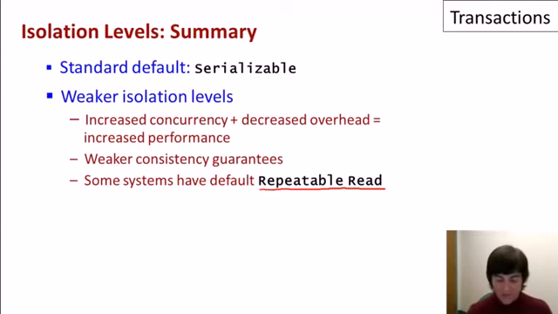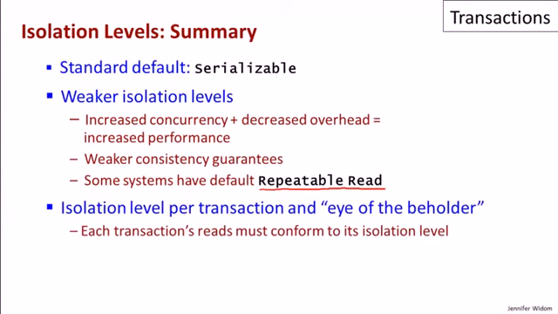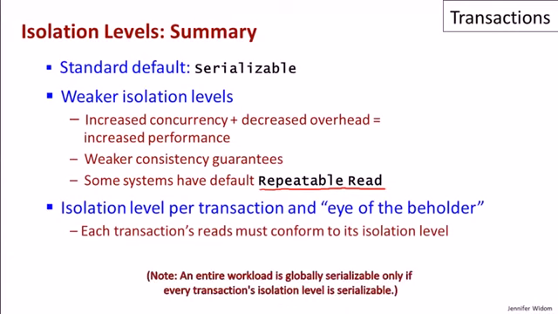Oracle and MySQL are examples of that. So in those systems, it's assumed that most applications will be willing to sacrifice a little bit in consistency in order to get higher performance. And finally, the isolation level is set for each transaction and is in the eye of the beholder, meaning that that transaction's reads must conform to its own isolation level, but won't affect any concurrent transaction's isolation level.